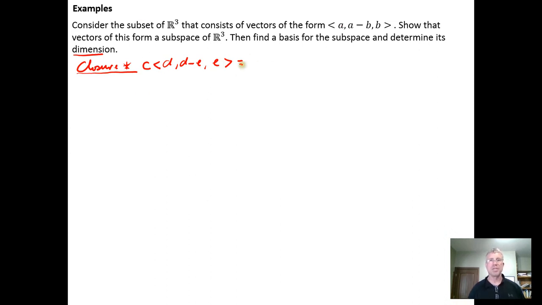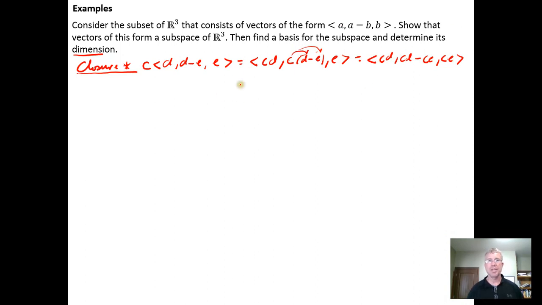When we distribute c into the vector, we get c times d, comma, then c times (d minus e), comma, and then c times e. We can clean this up a little bit by distributing the c into the parentheses. So we get cd, comma, cd minus ce, comma, ce.